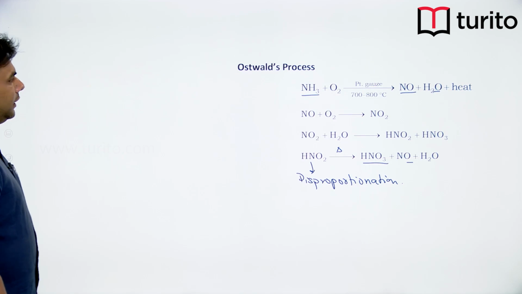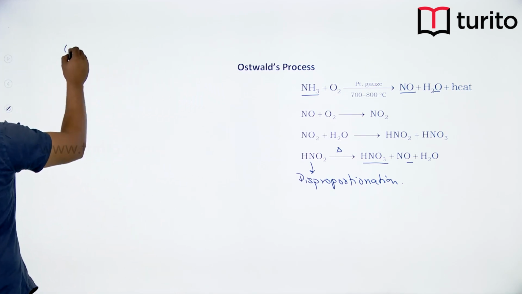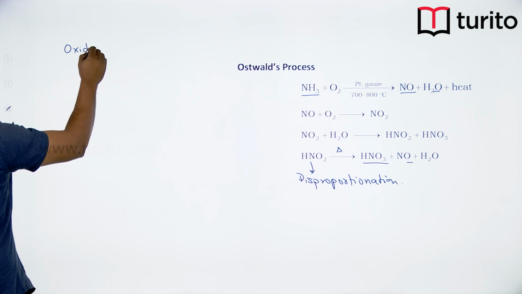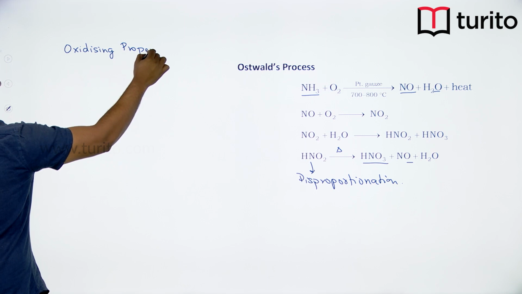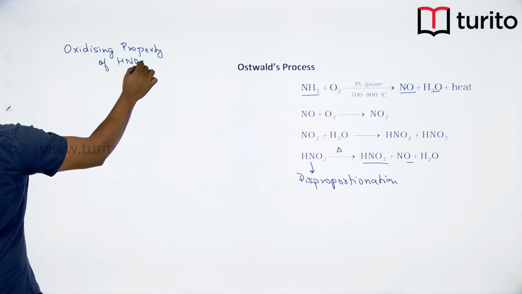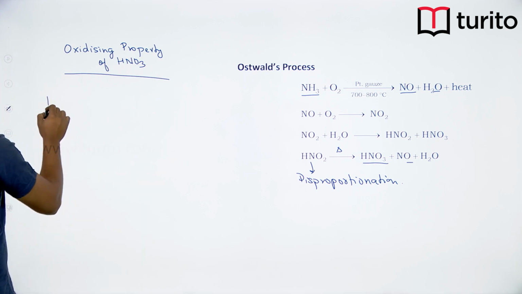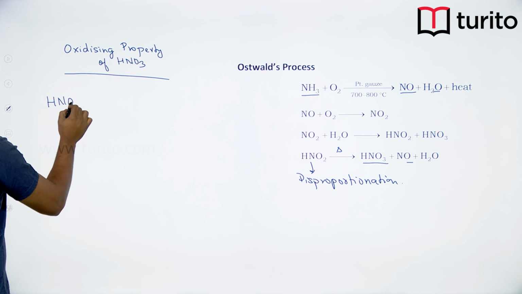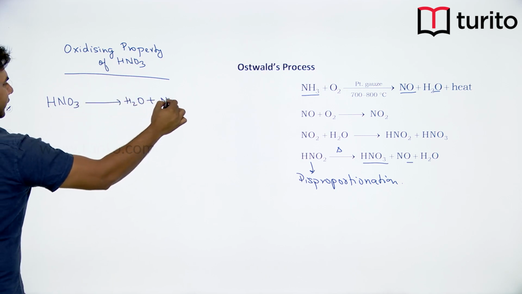Now next comes the oxidizing property of HNO3. We know that HNO3 is a strong oxidizing agent. When it acts as a strong oxidizing agent, it basically breaks into H2O plus NO plus nascent oxygen.